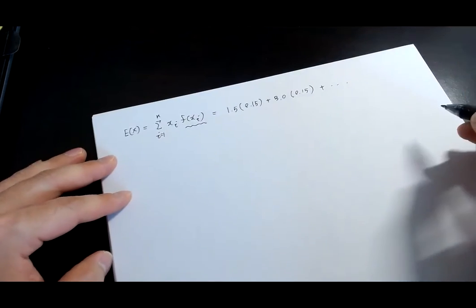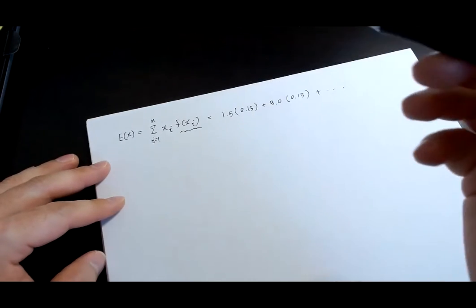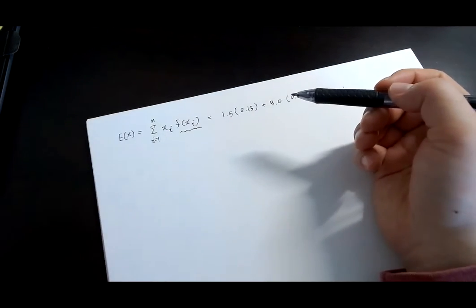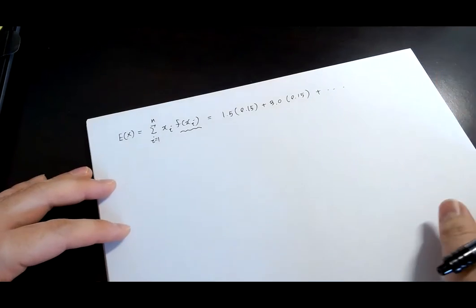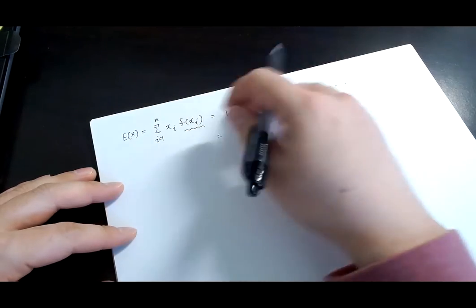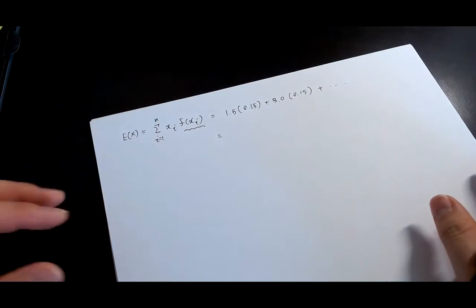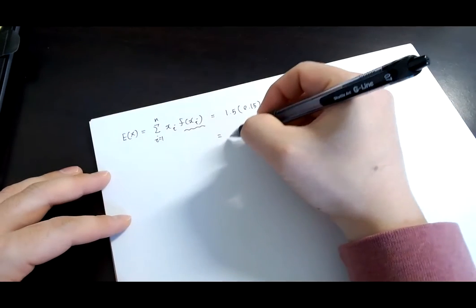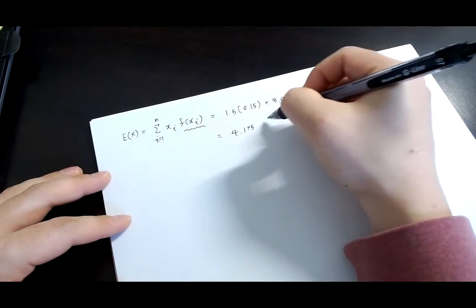I'm not going to write it all out; I believe you understand how to apply the formula to the problems. Once we figure out all the values and add them up, just apply the algebra. Then you're going to get 4.175.